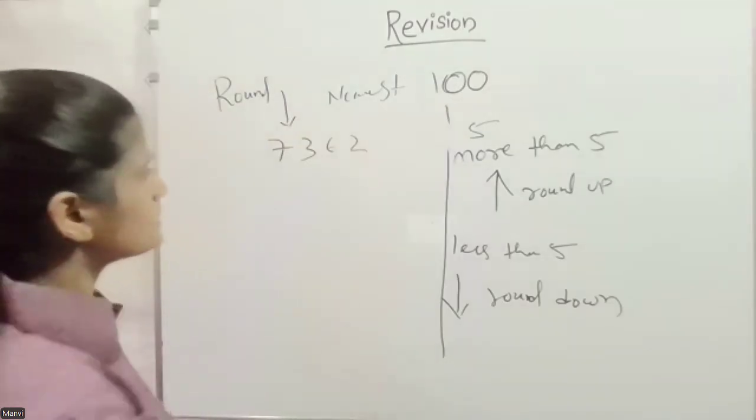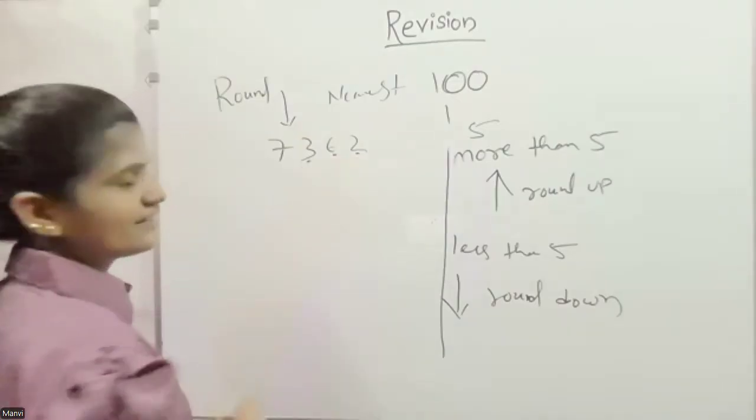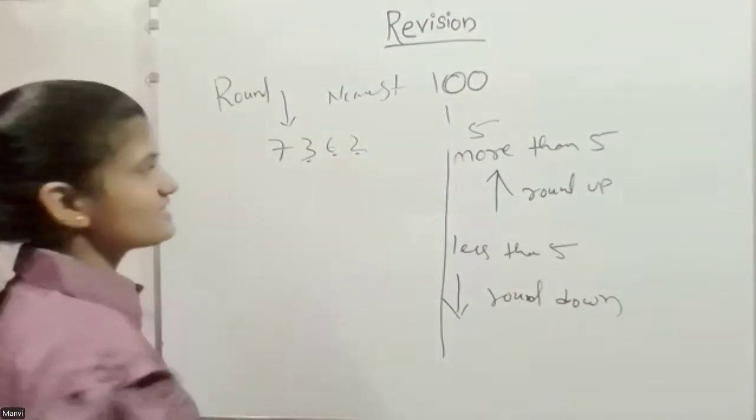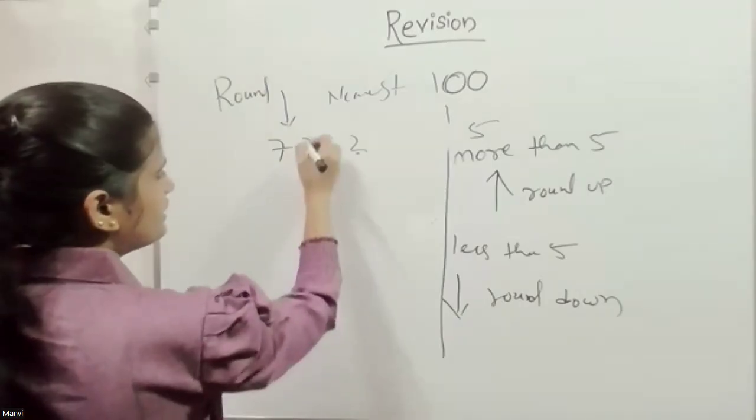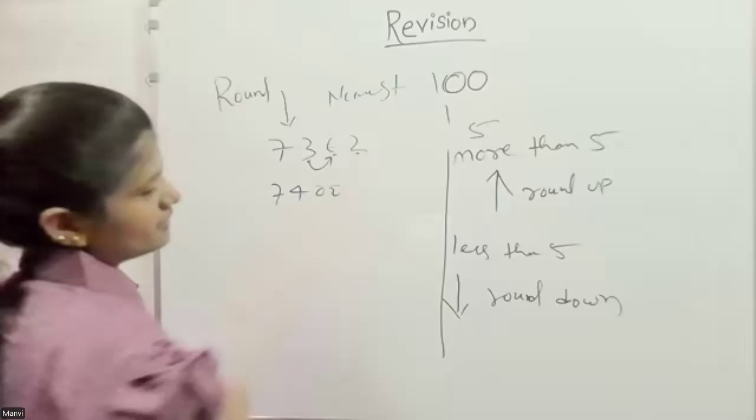We need to look at this number, which is bigger than 5. So this will become 7,400. Very good.